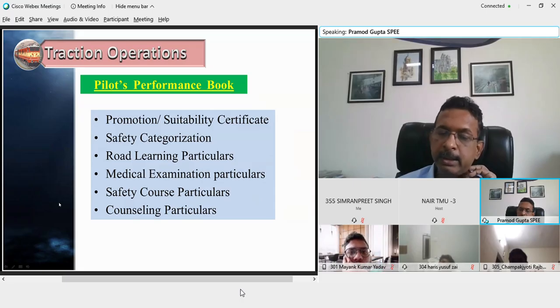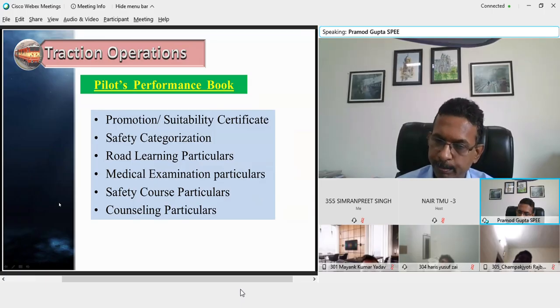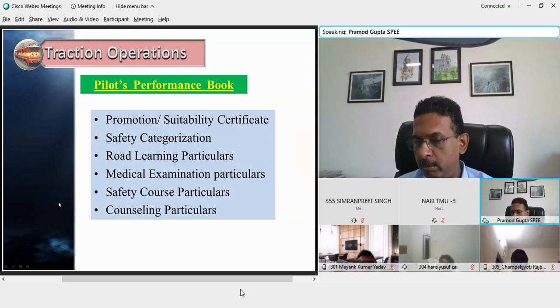There are incidents where accidents or derailments have taken place, and the loco pilots and the crew put the blame squarely on the people who were accompanying them in the loco cab. Sometimes the supervisors also travel in the loco cab.